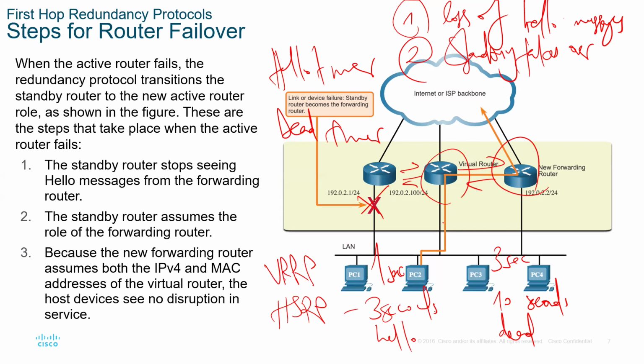So if you look at these timers, the hello timers and the dead timers, what it basically means is this protocol is very quick to react to failover, router failover, because after 3 seconds, which is the dead time, the router detects that the active router is down, therefore the standby will take over.